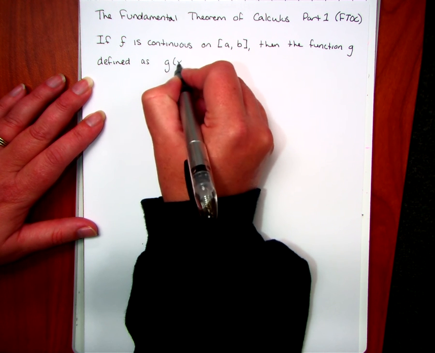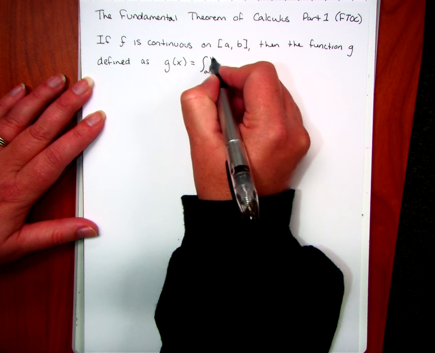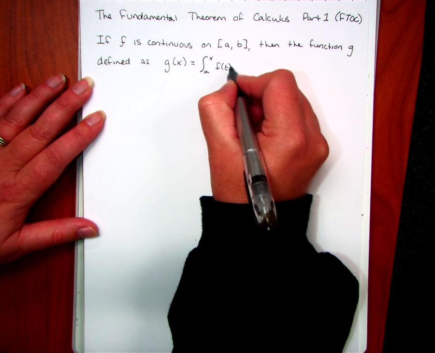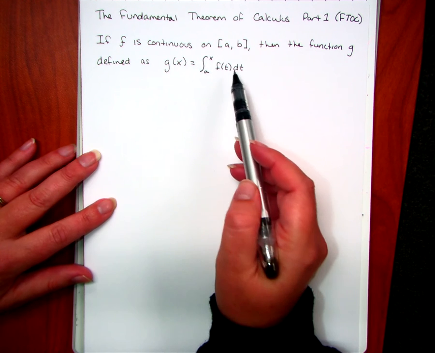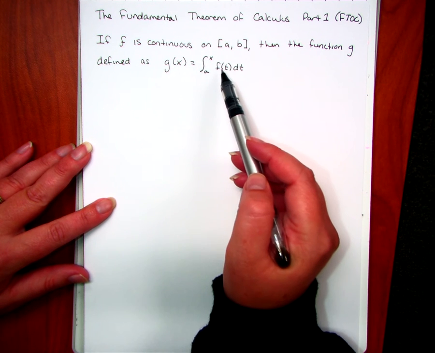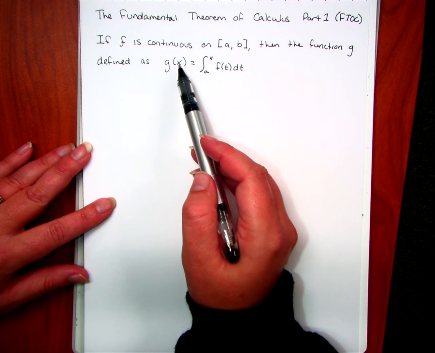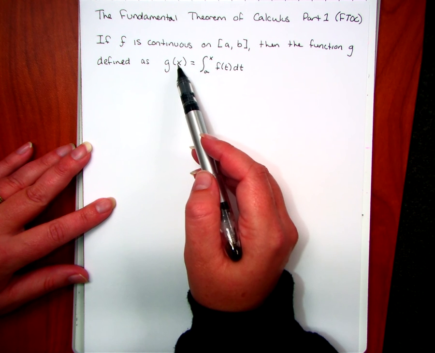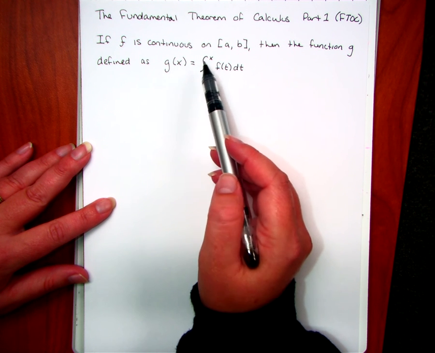So our g of x function is going to be the integral from a to x of some function with respect to t. Now I know the fact that these are t's and these are x's is confusing, right? But we're going to talk about that in 5.2. But do notice that the x's here are the same x's, right?